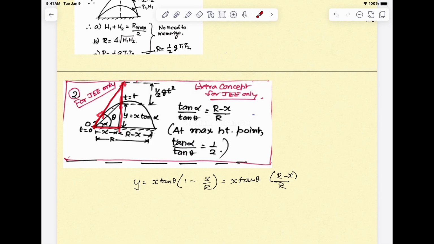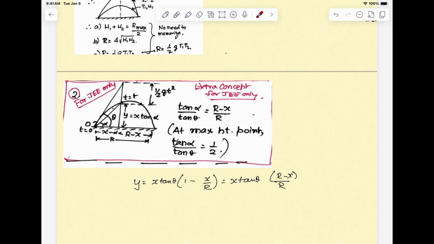Therefore this height is x tan theta, and y is only this part. y is given by x tan theta, that is this height, into this fraction. What is this fraction? r minus x by r. That means y divided by x tan theta equals r minus x by r. Now this is the ratio relation.